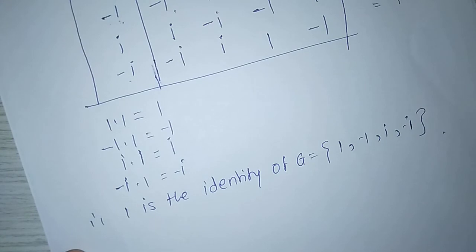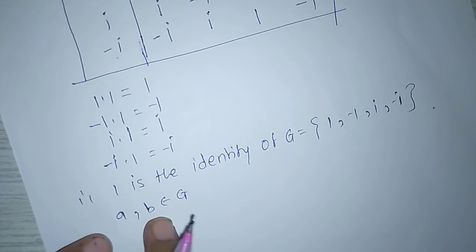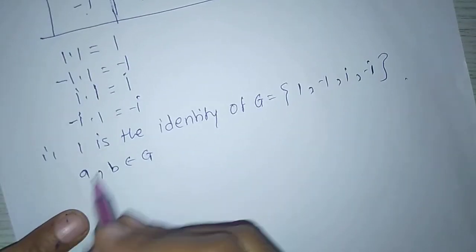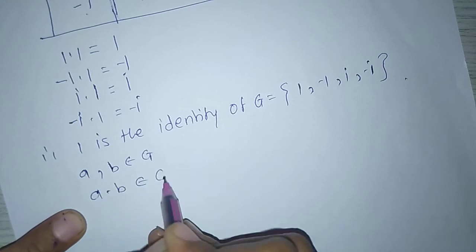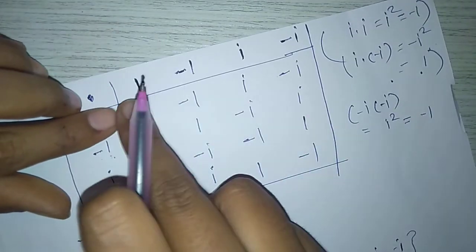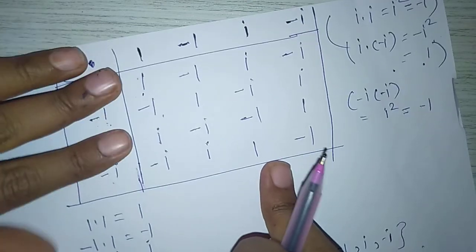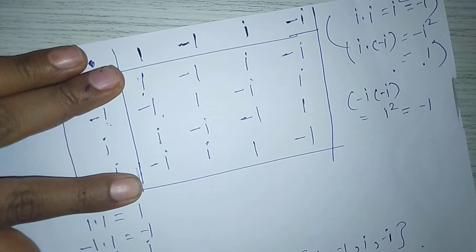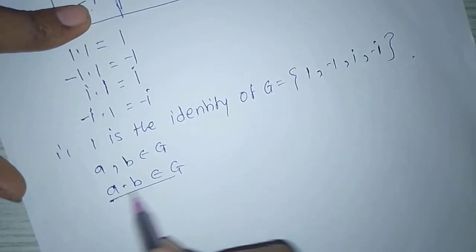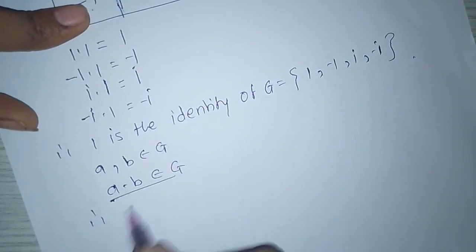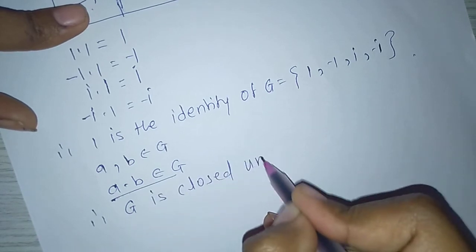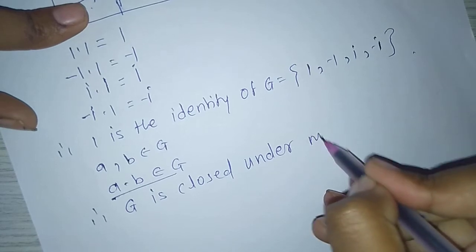Also we can see that if a, b belong to G, meaning a and b are elements of this set, then a into b also belongs to G, because in this square we observe that these entries are nothing but the entries of G. Therefore G is closed under multiplication.